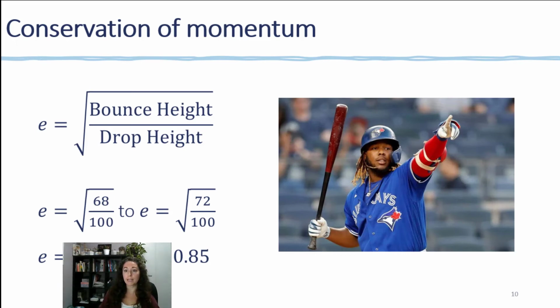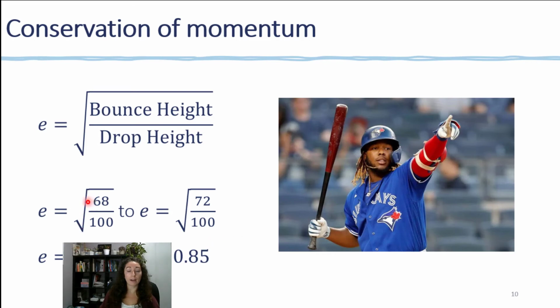So let's do an example with this new equation for the coefficient of restitution. The rules of racquetball state that the ball must bounce to a height of 68 to 72 inches if it's dropped from a height of 100 inches. Knowing this, we're trying to figure out the range of allowed values for the coefficient of restitution.